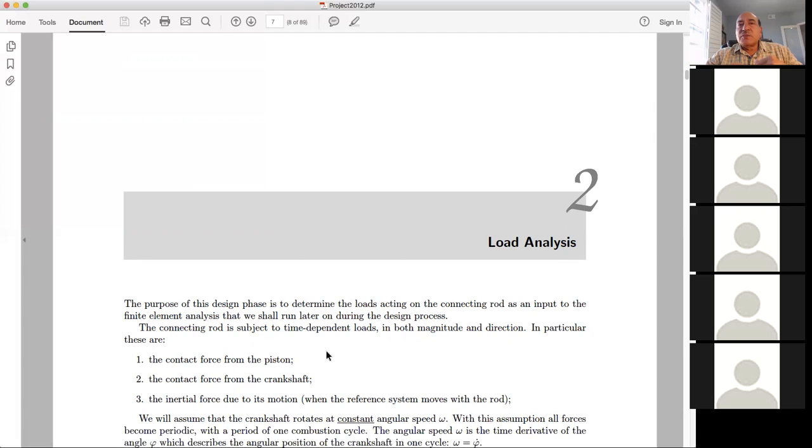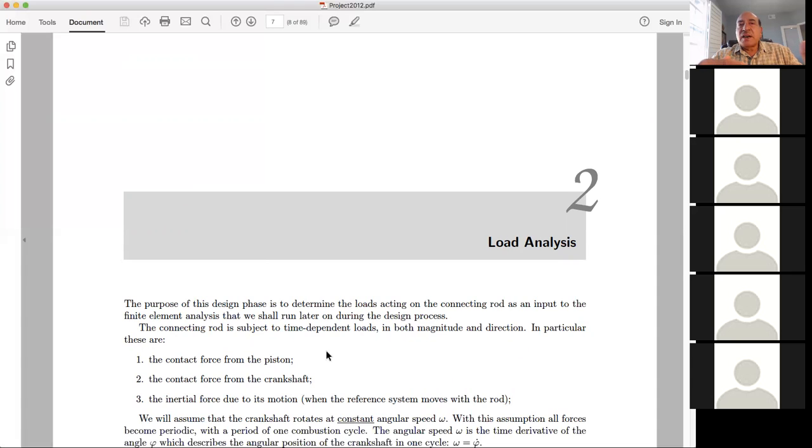And then second, once we determine the loads, is how do we translate these loads from dynamic time-varying conditions to a static, equivalent static loading on the connecting rod, in which we move from an inertial frame to a frame attached to the connecting rod.